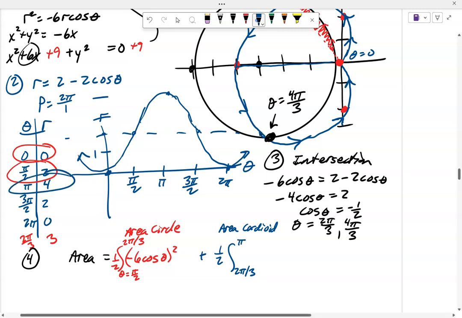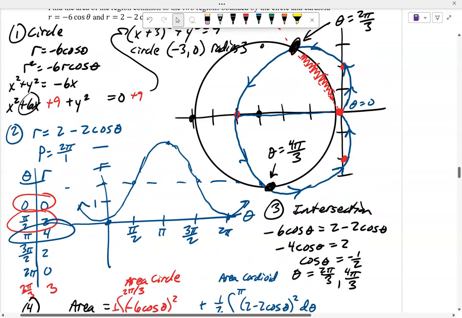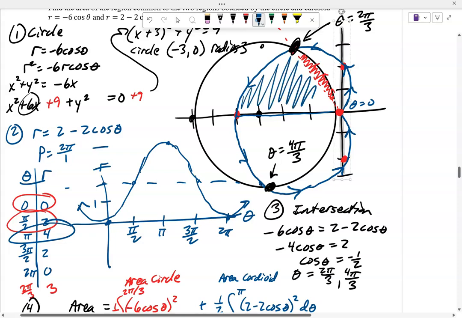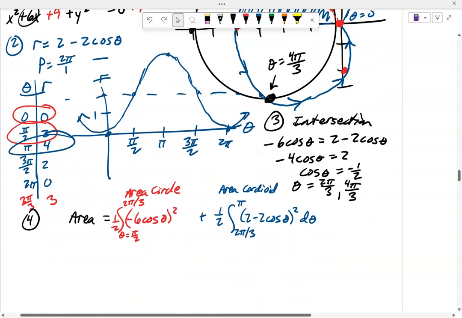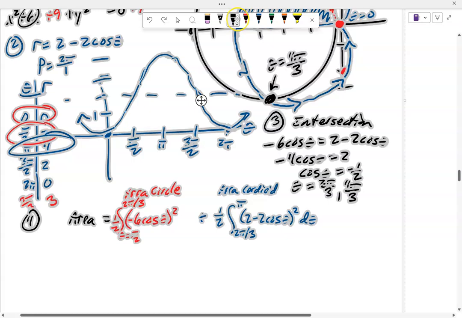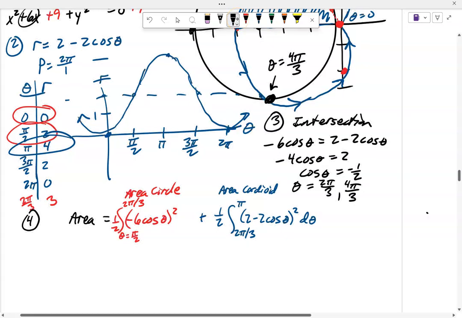So if I go to pi of the cardioid's 2 minus 2 cosine theta squared, so 1/2 r squared d theta. That'll do this blue area. Now I know it's double that, because I need this blue and I need that red as well, right? So this is actually only half of it. So I'm just going to double it. So let me go 2 times this whole thing.